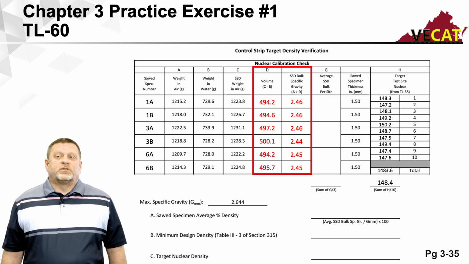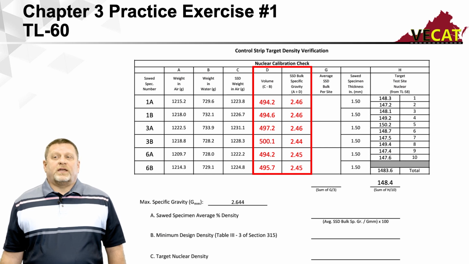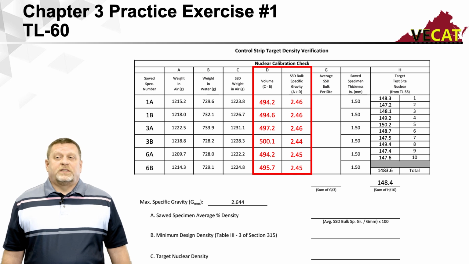Next thing you want to do is do your calculations. Your weights would have been given to you. For our calculations, we'll calculate the volume for each specimen and determine the individual specimen bulk specific gravities, as you can see here. Once these values have been determined, the next step is to determine your average bulk specific gravity for each site.